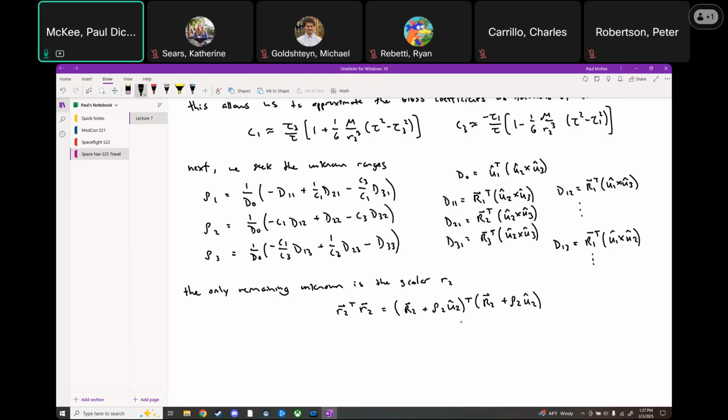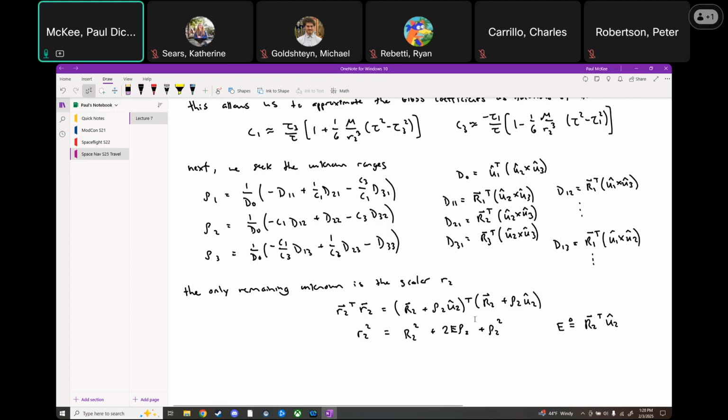Now, if we take this a little bit further, we can say R2 squared, which is just if you dot a vector with itself, you get the norm squared, is equal to, if you carry out this dot product, R2 squared, scalar, plus 2e rho 2, we'll express what e is in a minute, plus rho 2 squared, where e is defined as R2 dotted with U2.